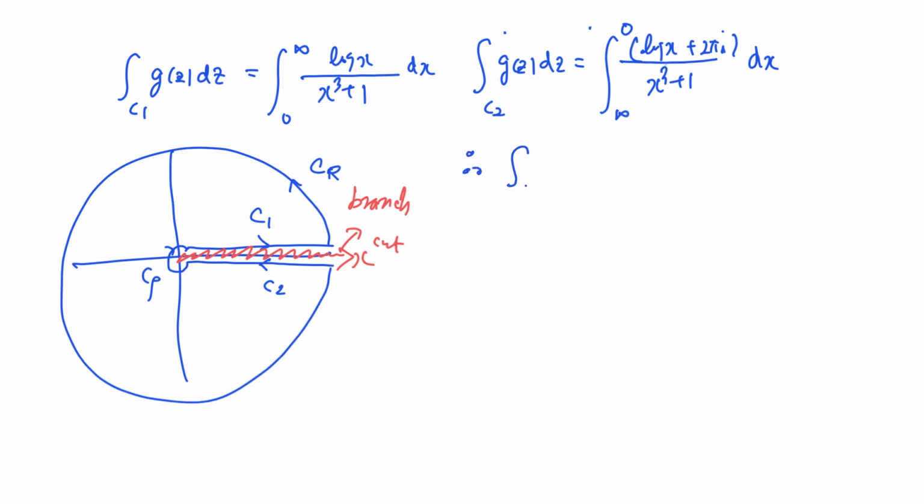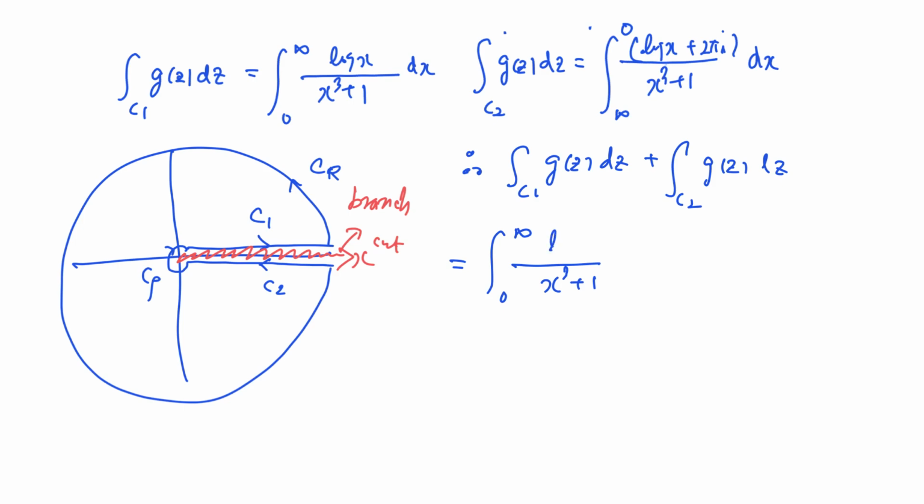Therefore, the integral over C1 of g(z) dz plus the integral over C2 of g(z) dz is the integral from 0 to infinity of log x over x cubed plus 1 dx minus the integral from 0 to infinity of log x plus 2 pi i over x cubed plus 1 dx, right?